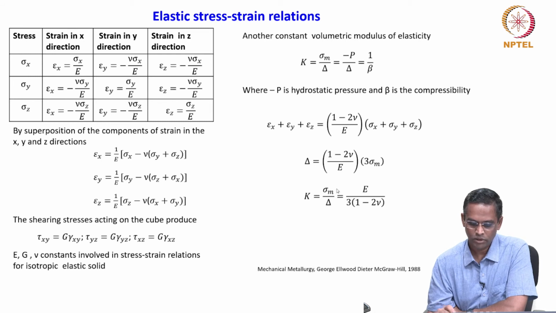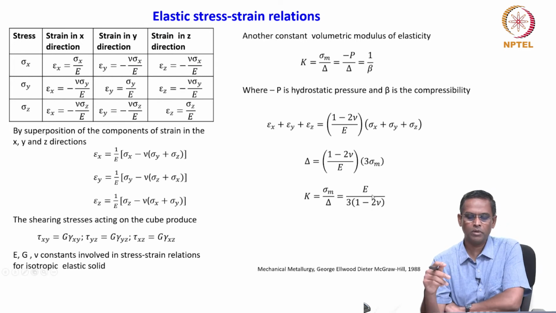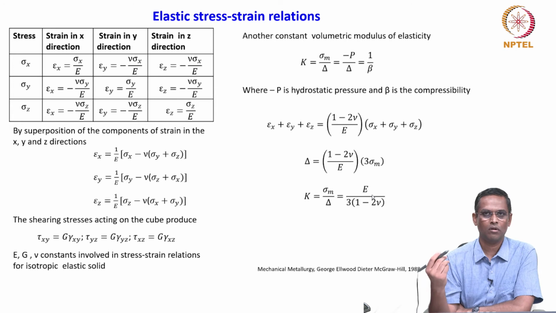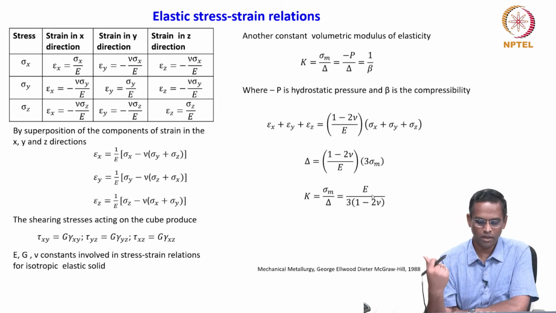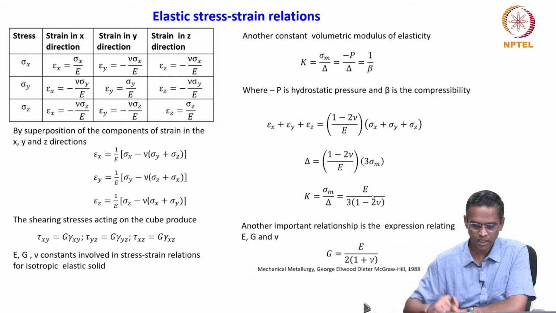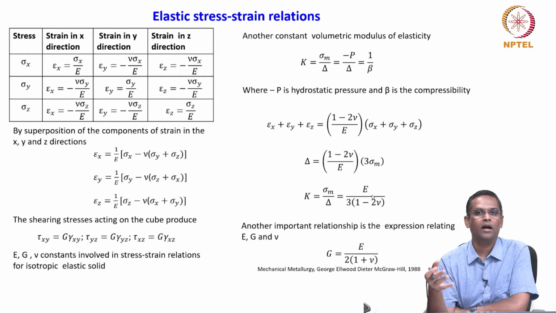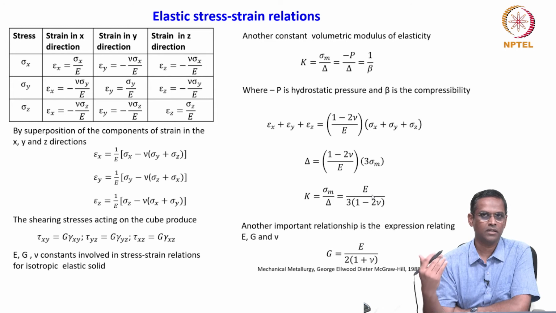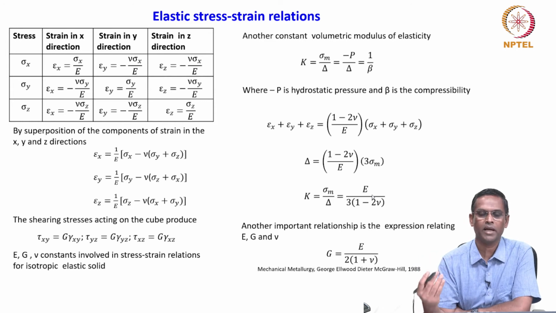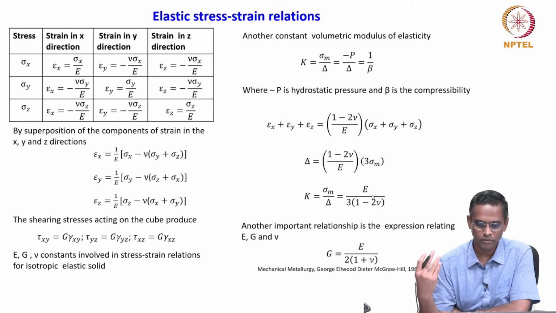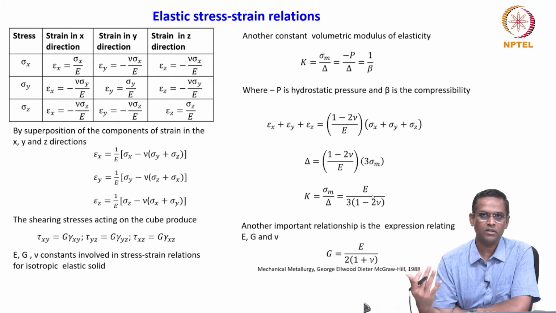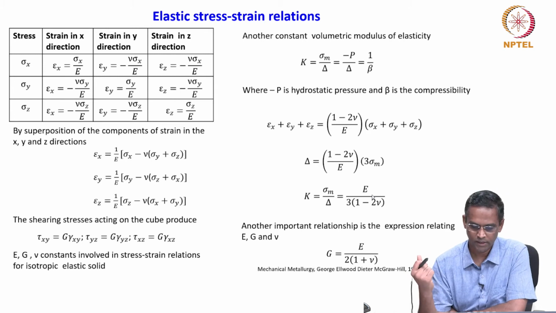K is equal to sigma m by delta, which is equal to E by 3 times 1 minus 2 nu. All these relations will be handy if you try to solve some small problems in the area of elasticity. We will try to use them when it comes, especially in fracture problems and fracture mechanics, for example. We will look at some of the stress and strain states, and we will be using all these relations.